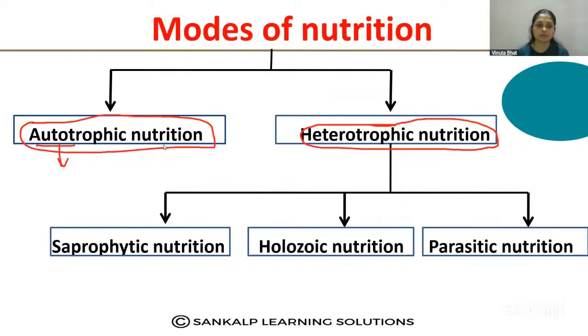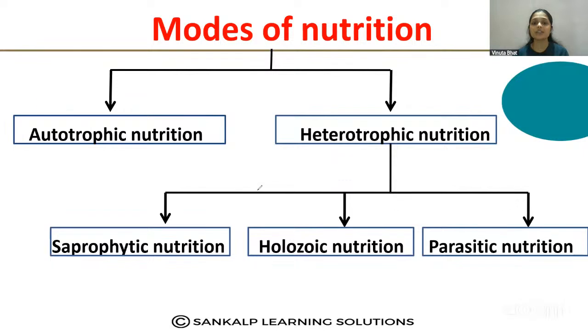Okay, then this heterotrophic nutrition is divided into three types: saprophytic nutrition, holozoic nutrition, and parasitic nutrition. What is saprophytic nutrition?